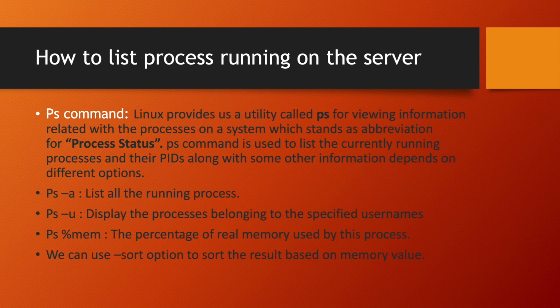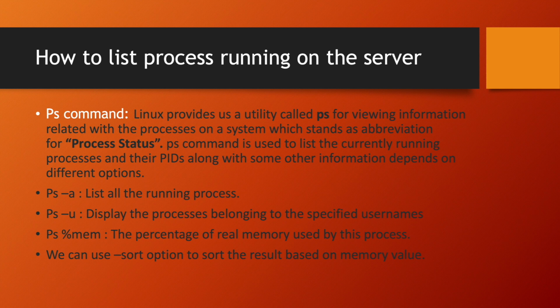Now, what is the ps command? Linux provides us a utility called ps for viewing information related to the processes on a system, which stands as an abbreviation for process status. The ps command is used to list the currently running processes and their process IDs, along with some other information depending on different options.